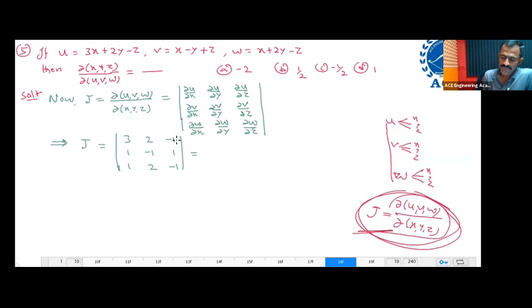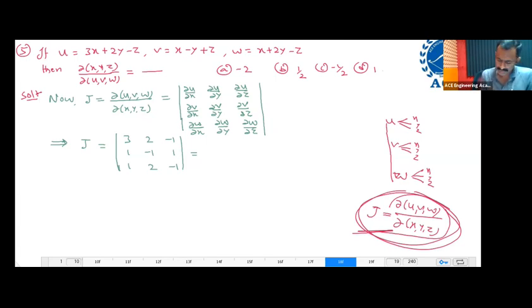Now, what is the value of this third order determinant? If anyone tells, I'll write directly. What is the value of the determinant? -2. Okay.